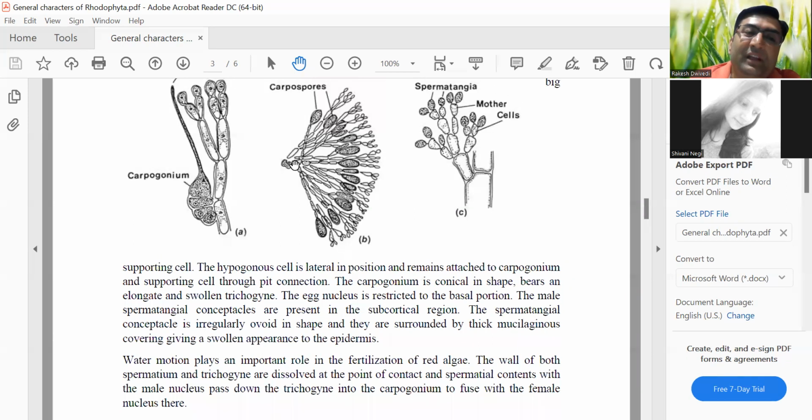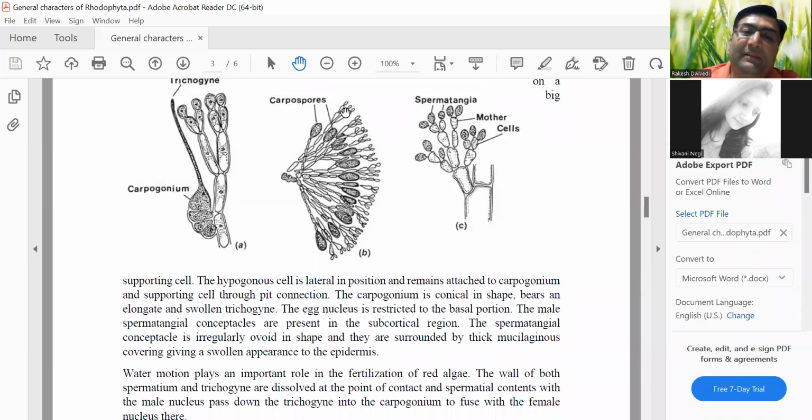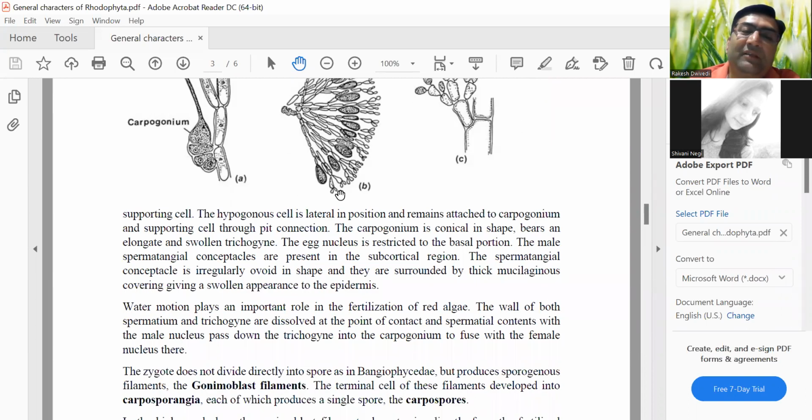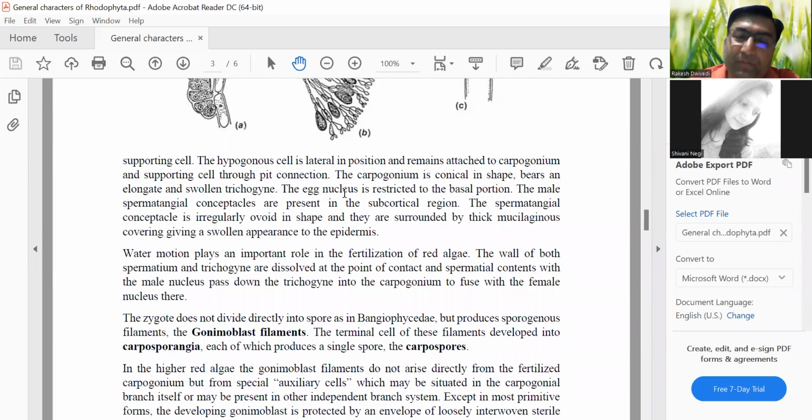So this is the carpogonium. From this carpogonium, after fertilization, there is formation of the gonimoblast filaments. These are the gonimoblast filaments. The terminal cell of the gonimoblast filament is the carposporangium, and inside the carposporangium there is formation of carpospores.